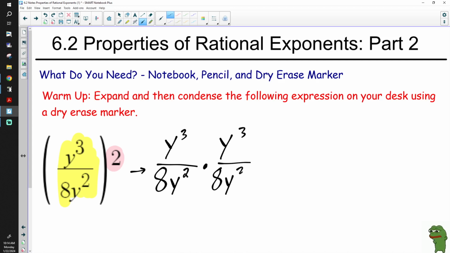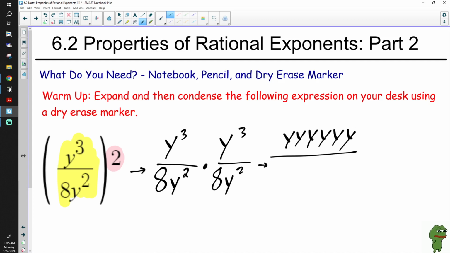Okay, let's keep going. How could I rewrite this y to the third? How many y's is that? So how many y's are there total on the top? So I'm going to just draw 6 y's. Y to the third, that's y y y.